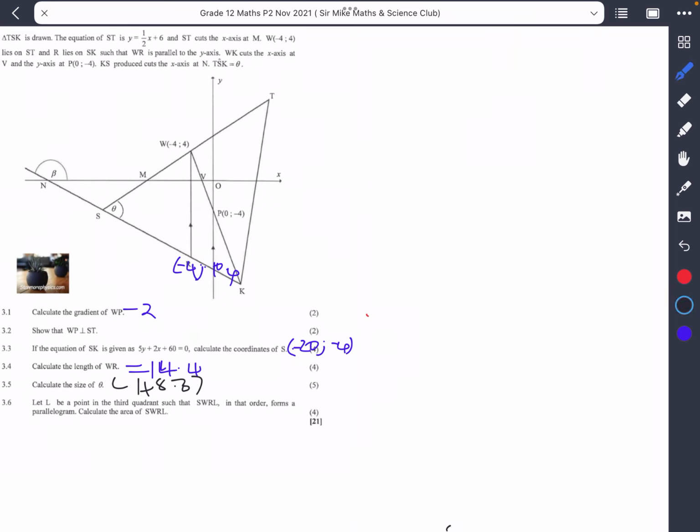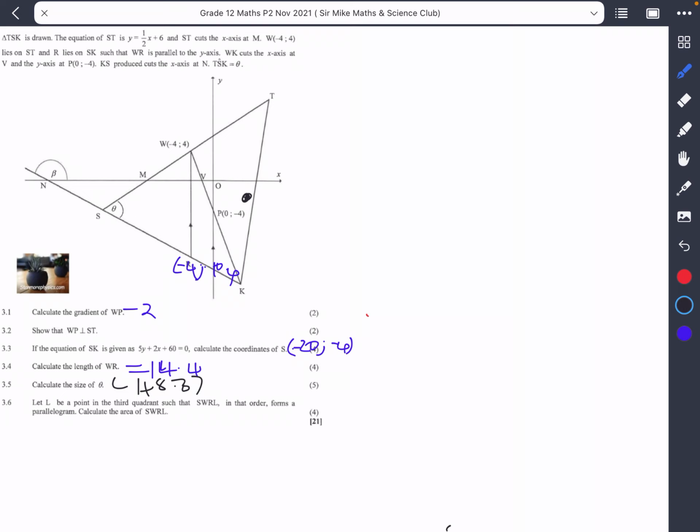So in this case, they say let L be a point in the third quadrant such that WSL, so we have a point L in that quadrant. I'm just going to put it there. I hope that will be the right place. They're saying let L be a point in the third quadrant so that SWRL in that order forms a parallelogram.